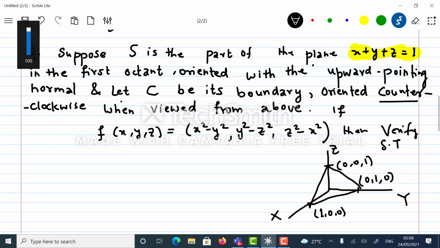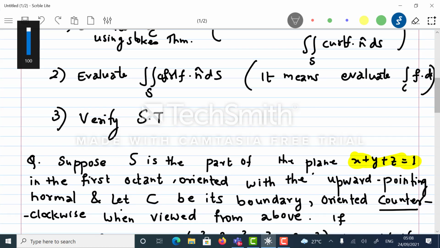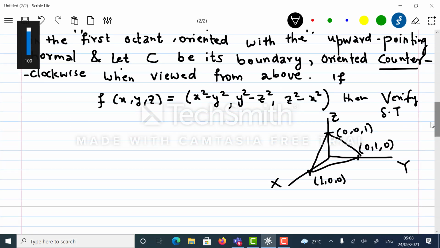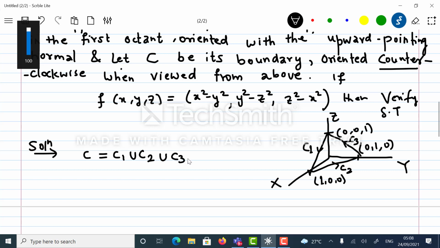So let me first evaluate the line integral part. Line integral along C, solution. Now here C consists of this C1, this is C2, this is C3. So C is basically C1 union C2 union C3. What is C1?